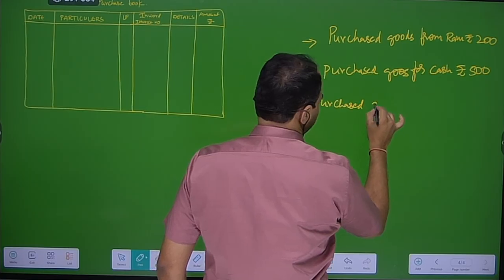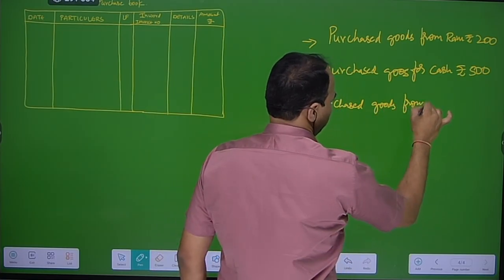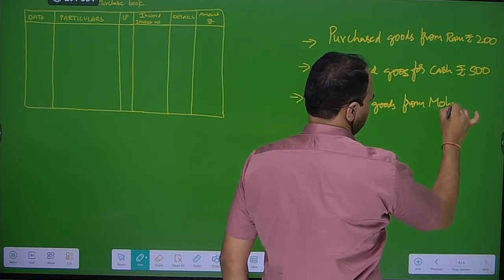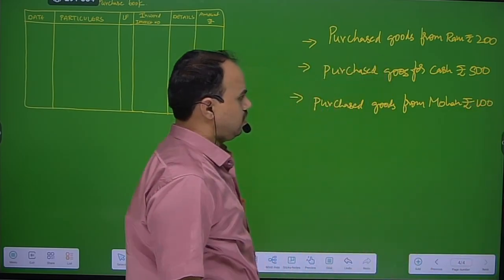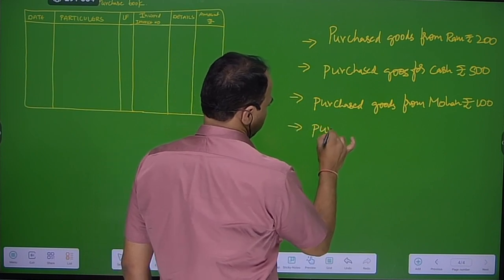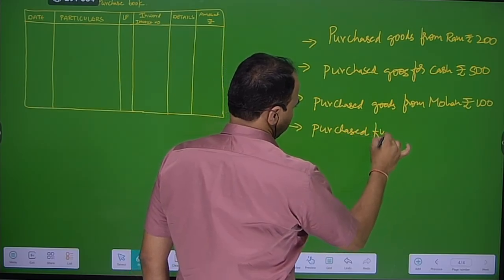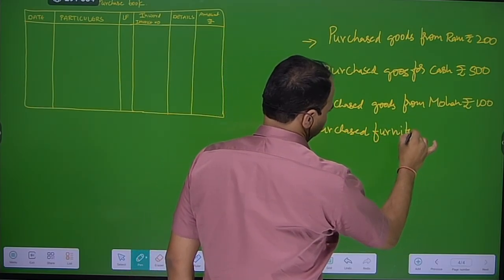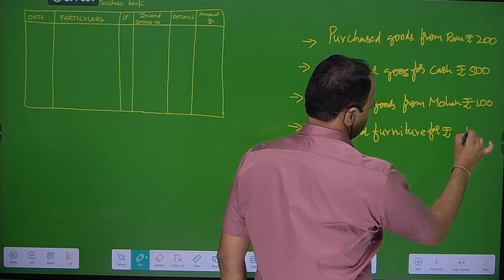Purchased goods from Mohan, rupees 100. Next, purchased furniture for rupees 10,000.